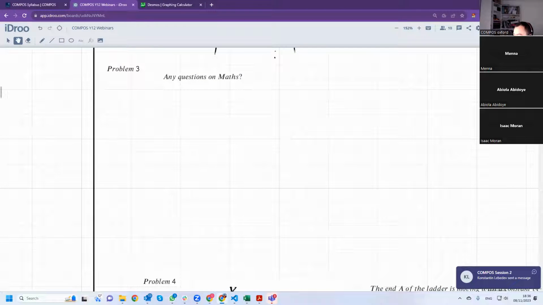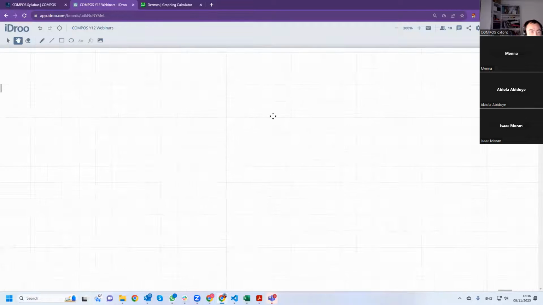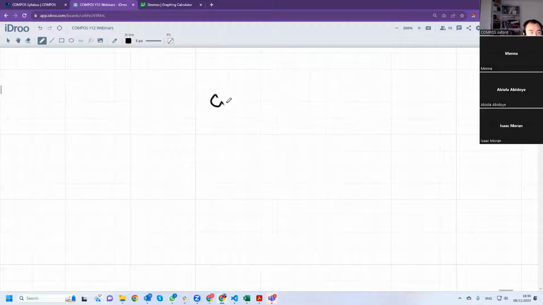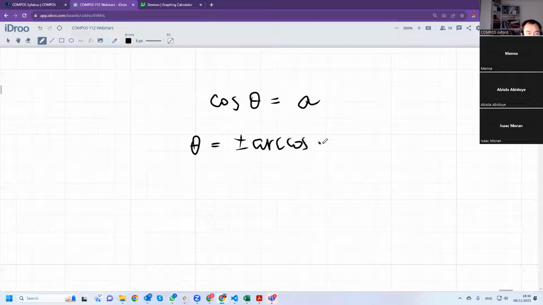Any questions on math? For anything solving cos, could you write solutions x angle plus pi? No, for cos, the general solution for cos theta equals a, theta is plus minus arc cos a plus 2 pi n, and n is the whole number. Well, of course, a has to be between -1 and 1.